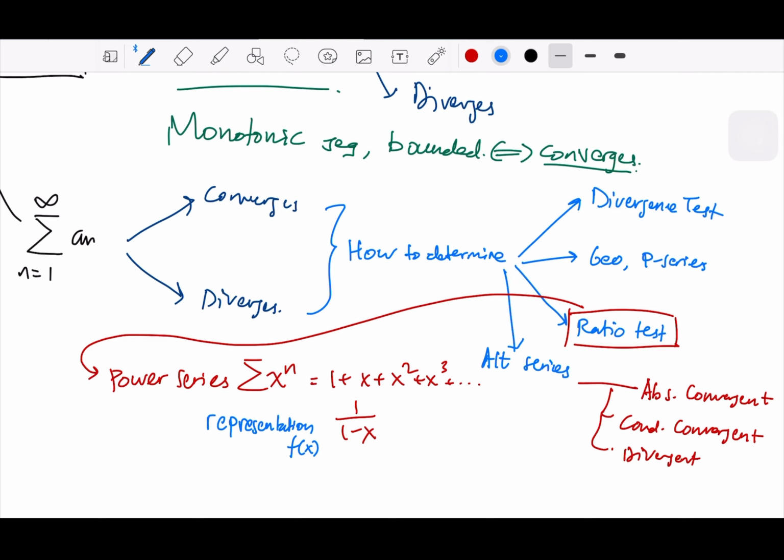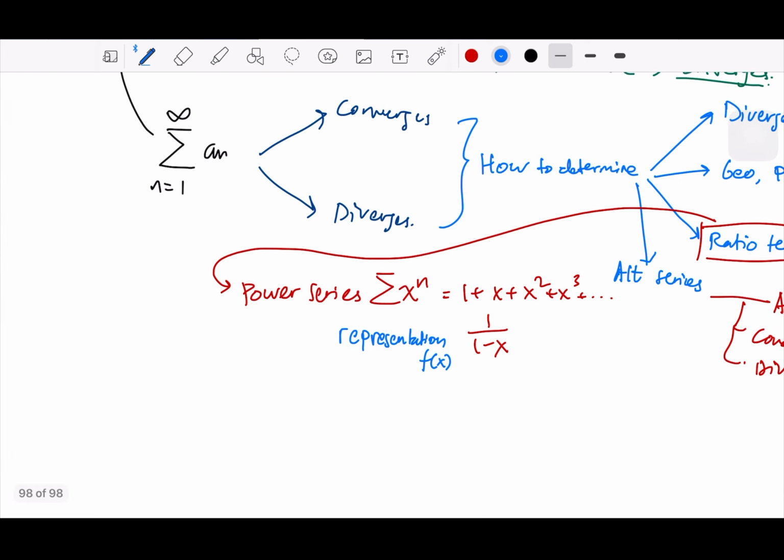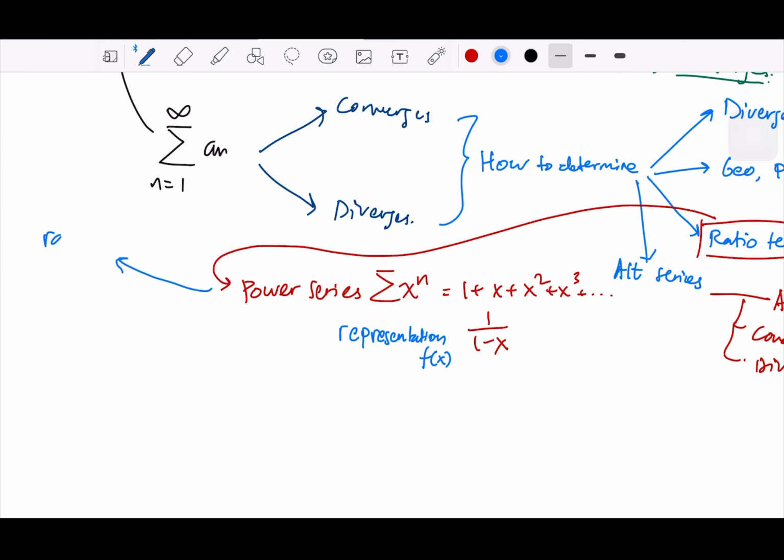But in a power series, the convergence gives an interval of x, which we call the interval of convergence. So we have the radius of convergence R and the interval of convergence I.